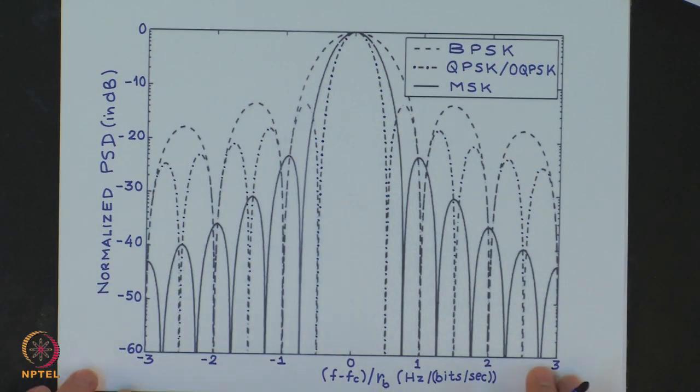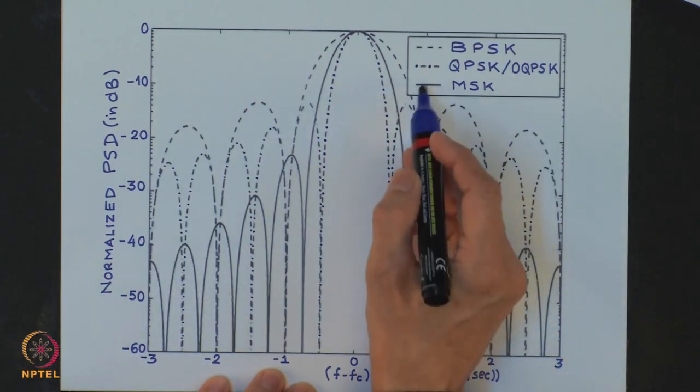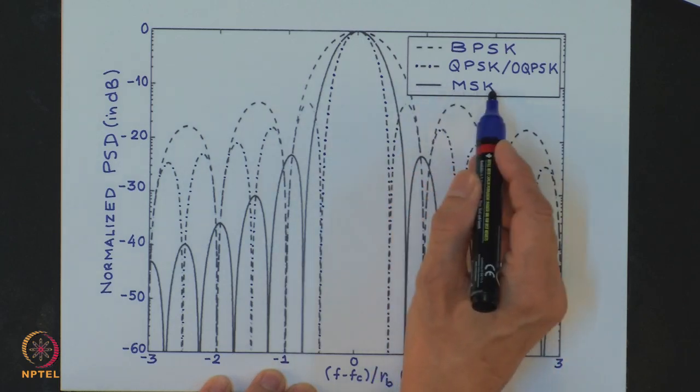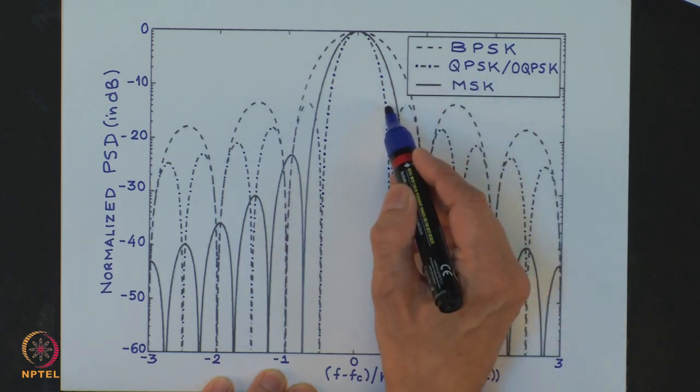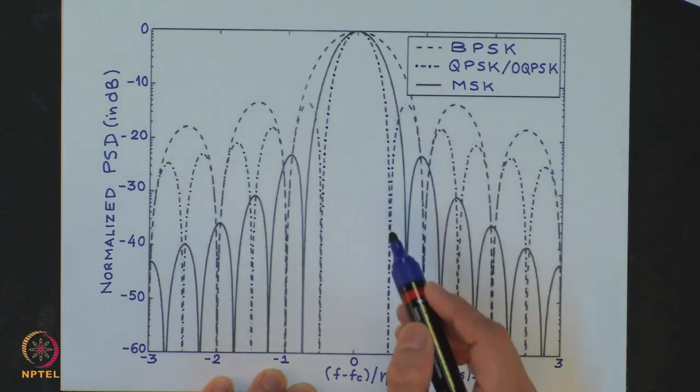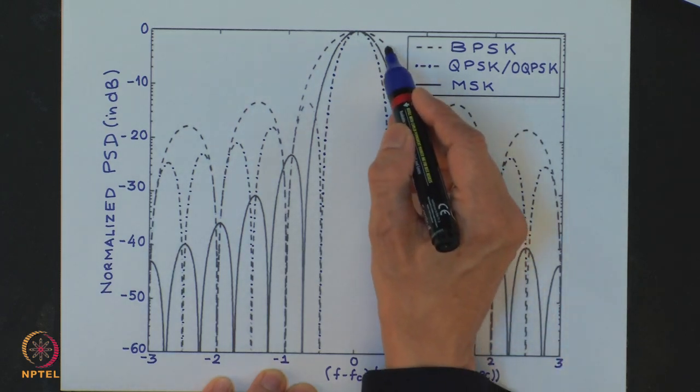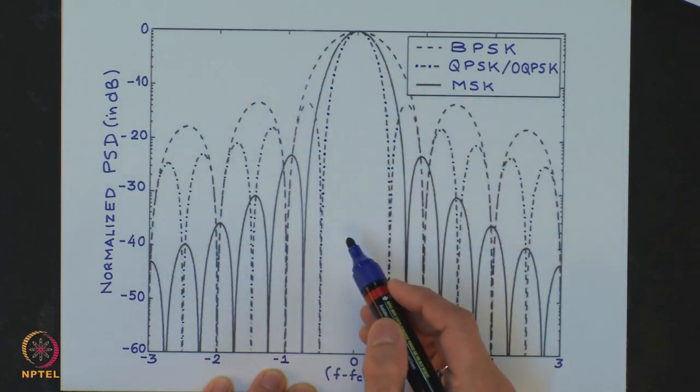In this plot, the solid line refers to the MSK power spectral density, the dash with a dot in between refers to QPSK or its variant, and the outside one here refers to the BPSK power spectral density.